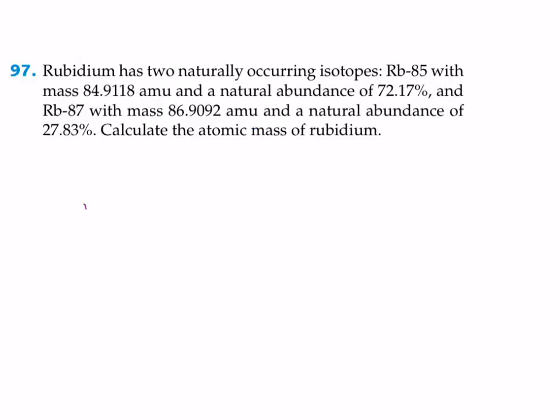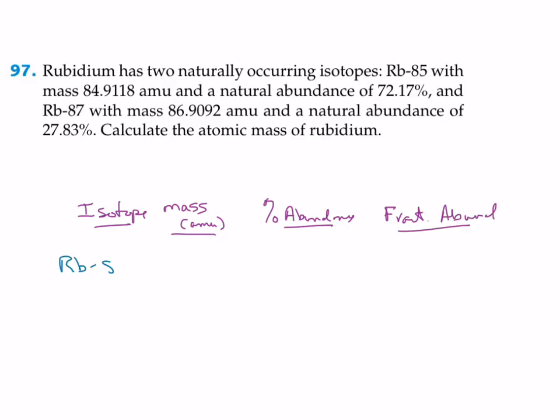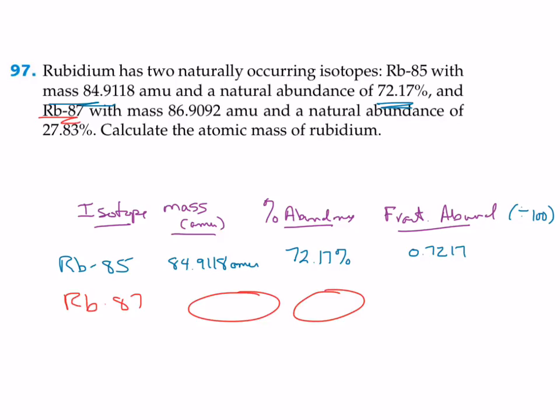And then this last one is like we just did in class. We're picking rubidium, and it has 2 isotopic forms. When I work a problem like this on my answer key, this is how I do it, because I hate the words, they just drive me nuts. So I pull out the numbers into this format. We have 2 isotopic forms of rubidium: mass number 85 and mass number 87.